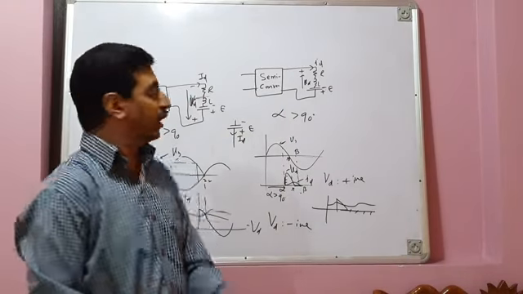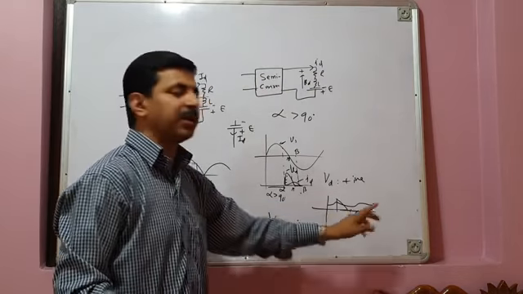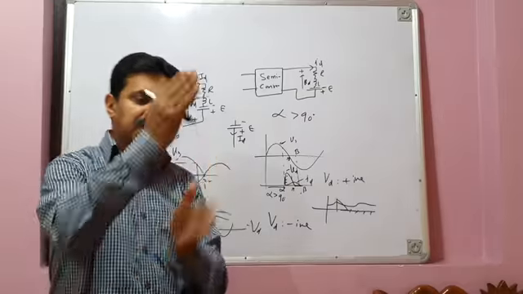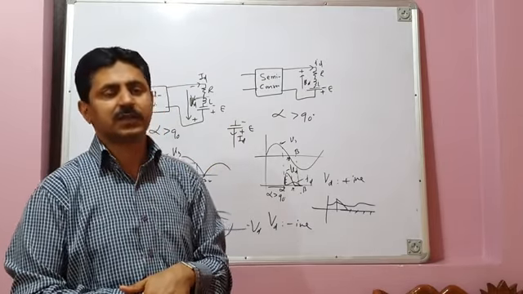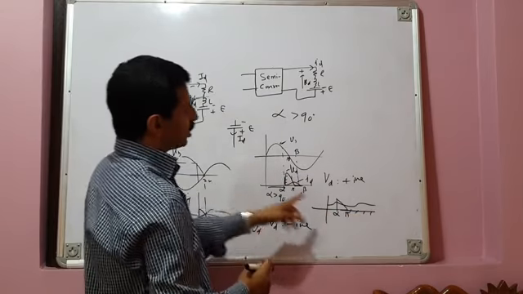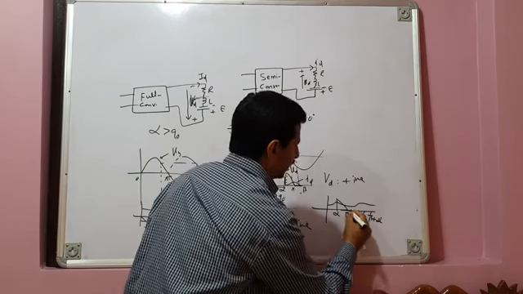So even if current is continuous there, the negative segment of voltage never appears across the load, because for a semi-converter, because of the freewheeling action, negative voltage does not appear. From alpha to pi there is thyristor conduction mode, and from pi to pi plus alpha there is freewheeling mode.